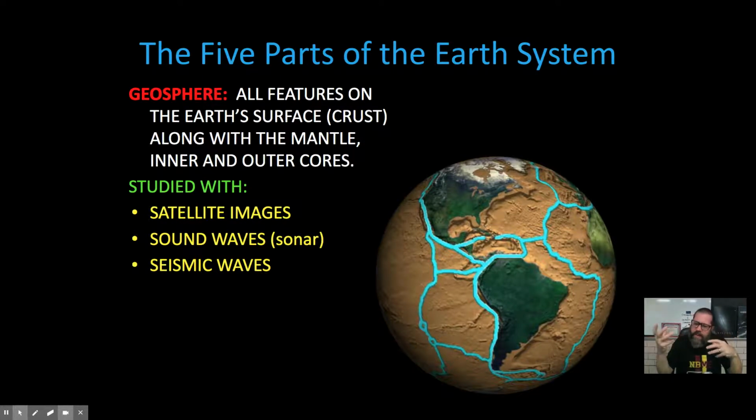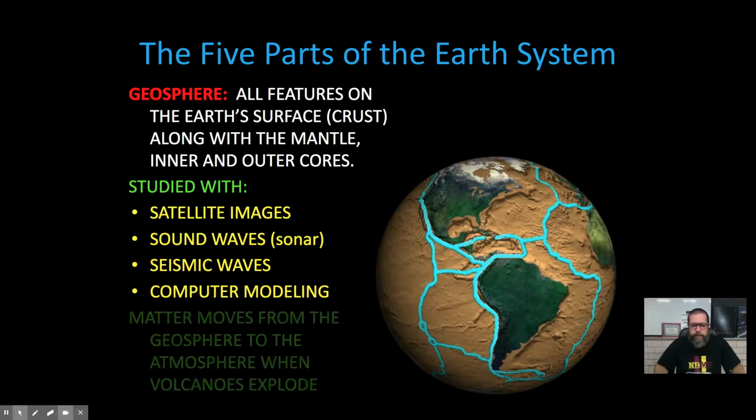We'll use their arrival times at different seismic stations around the planet, and then once we map the paths of those, we can get a very clear idea of what underneath the surface of the Earth is liquid, what is fluid, and what is solid. So seismic waves are very important in our understanding of especially the inner Earth. We can use computer models to study the geosphere, tectonic plate movements, mountain formation, things like that.